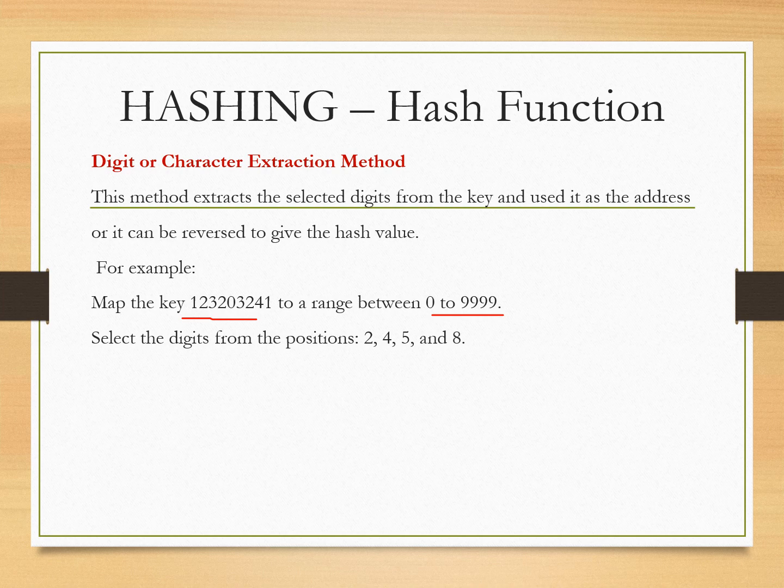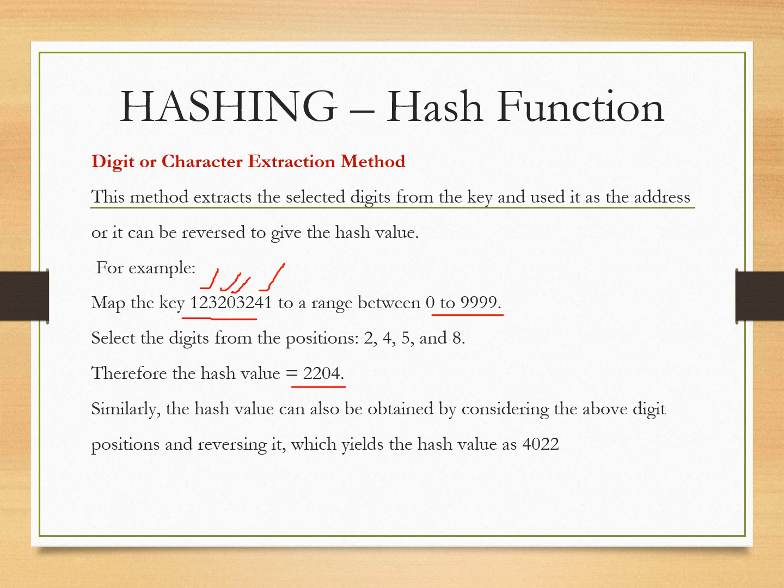So here I have used positions 2, 4, 5, 8. Second position is 2. Fourth position again 2. Fifth position 0. And then the eighth position is 4. So these 4 digits are taken and that will serve as the index to my hash table.